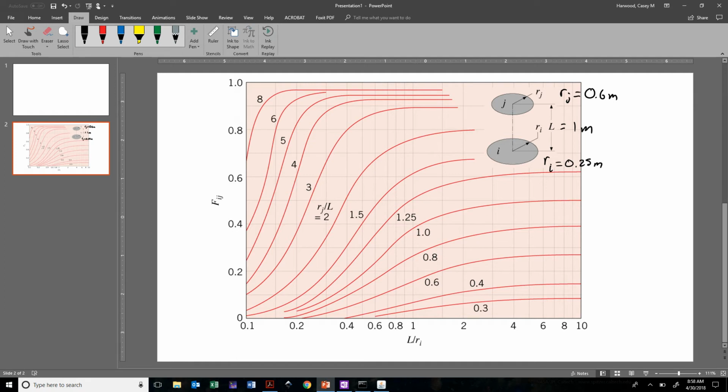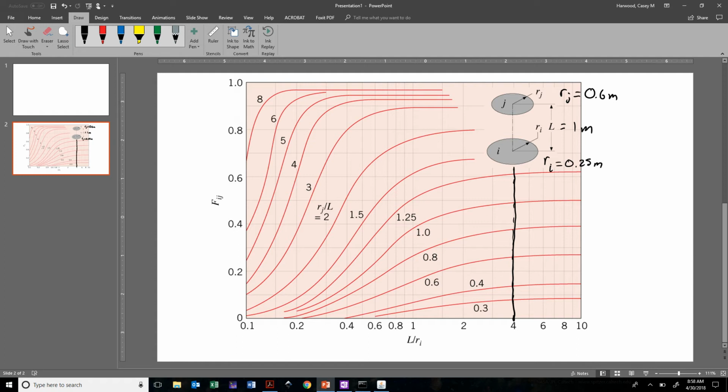So we're looking for something along this x equals 4 line. Let's draw a solid line. And then these curves represent different values of R2 or R_j over L. So 0.6 over 1.